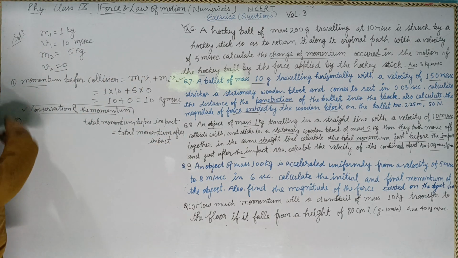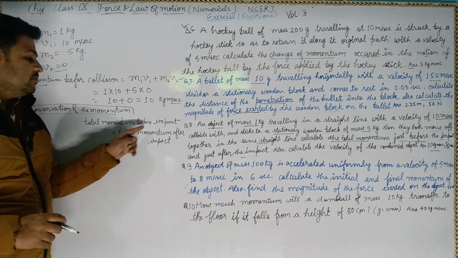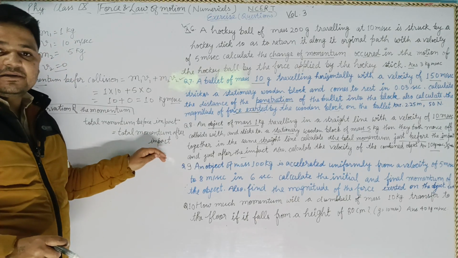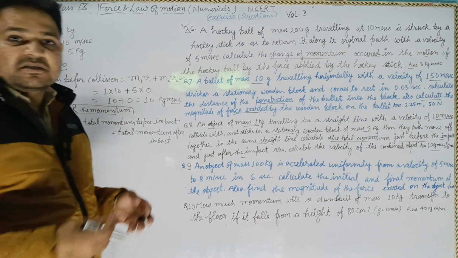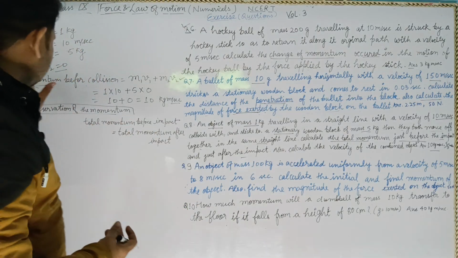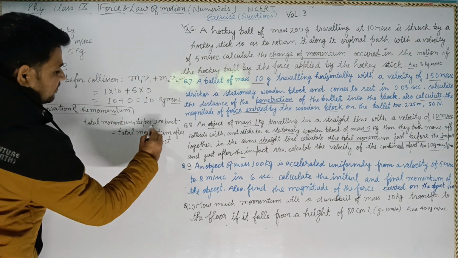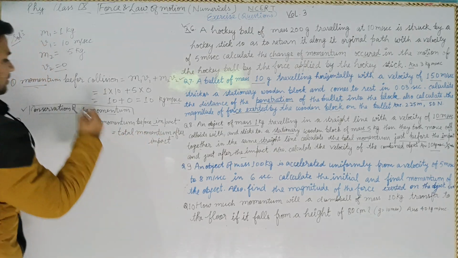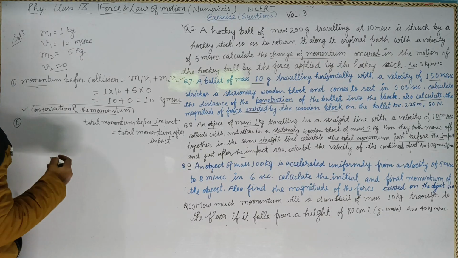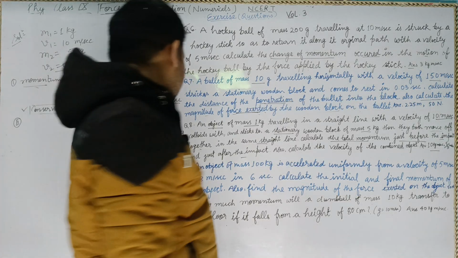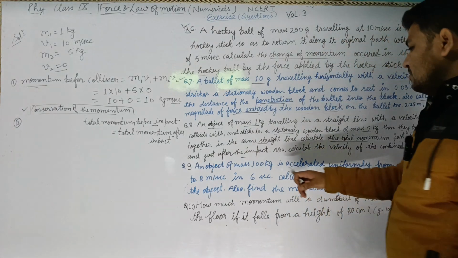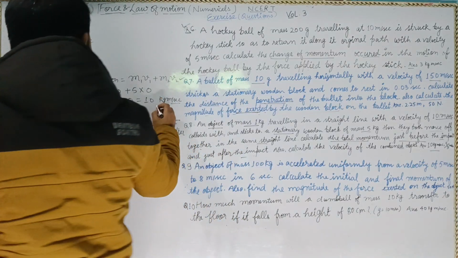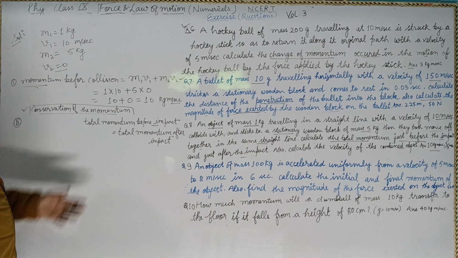Conservation of momentum states that the total momentum before impact is equal to the total momentum after impact. Momentum is conserved, so total momentum before impact is equal to total momentum after impact. So it is the second result of this question.